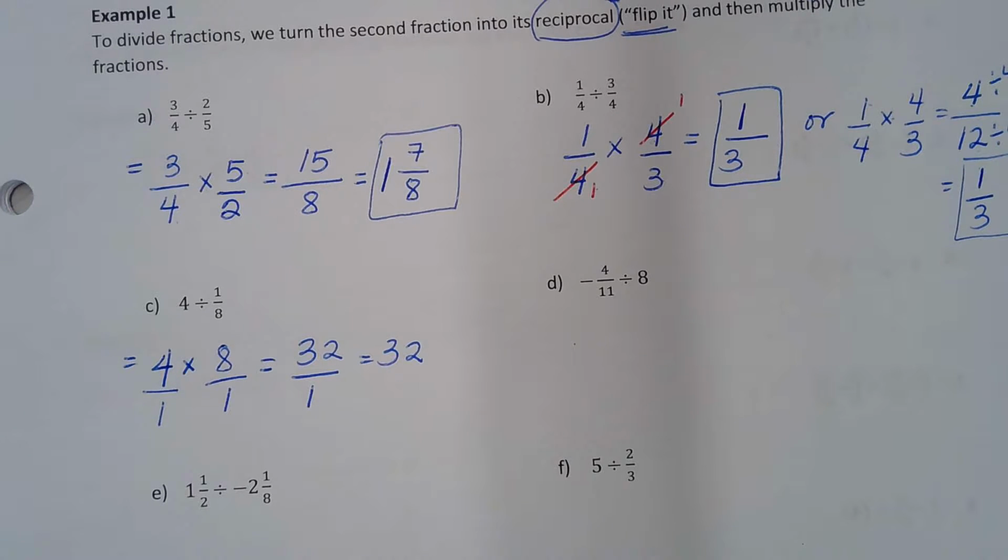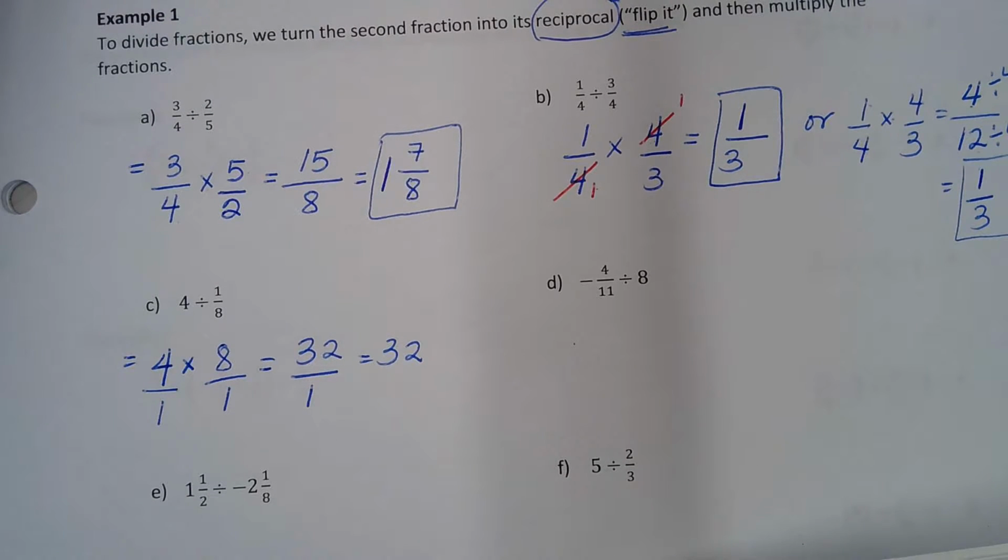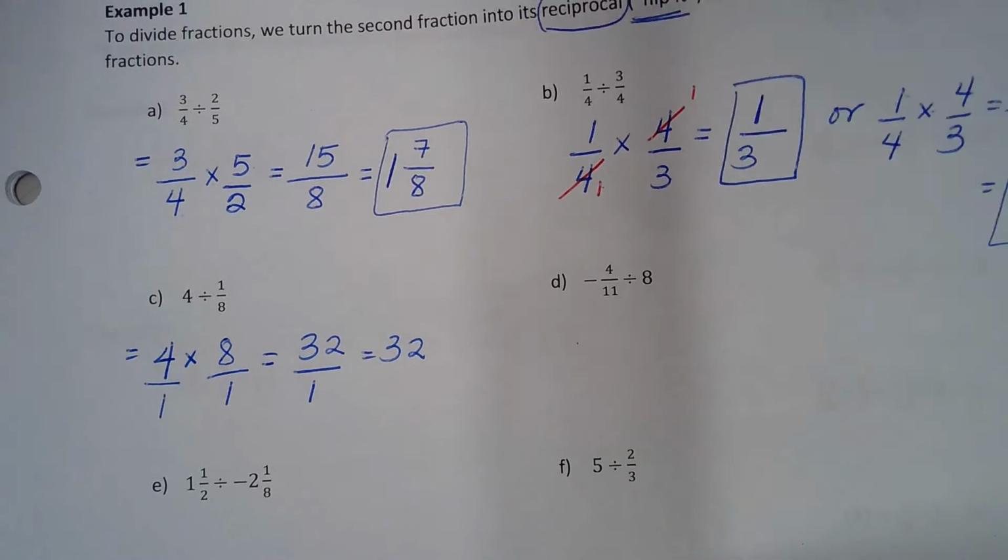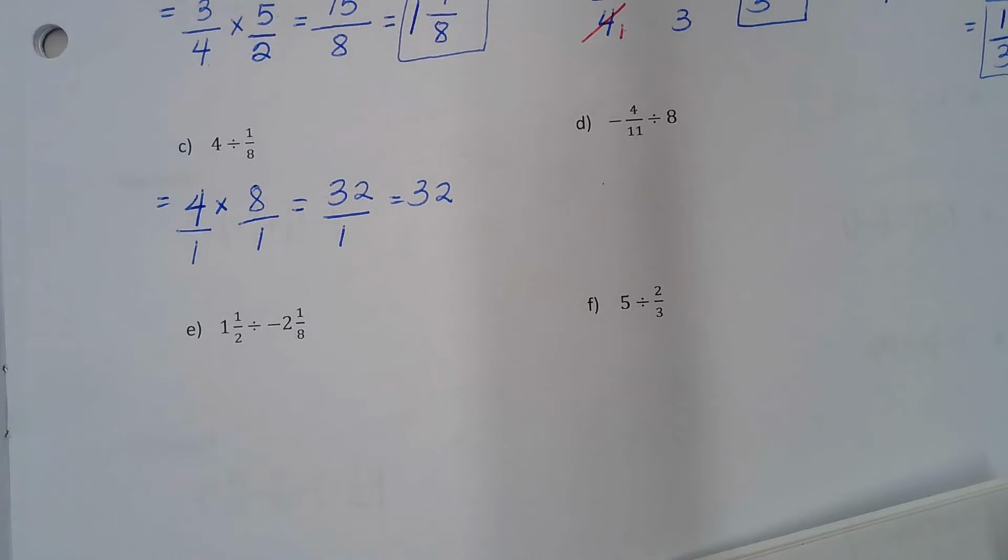4 divided into 1/8 will give you 32. Why? Yeah, go ahead. I'm waiting. The class is waiting. Yeah. 32 parts. Okay. Interesting.